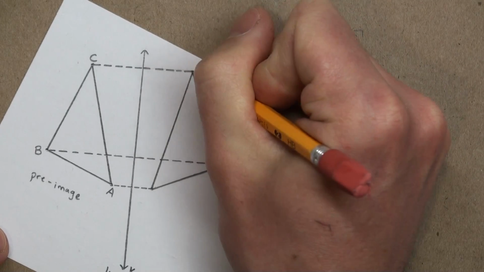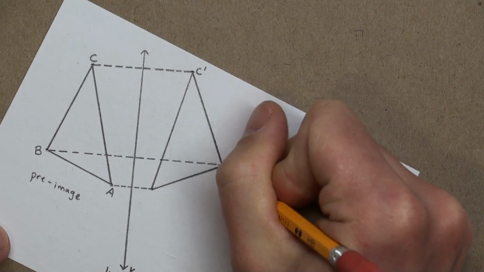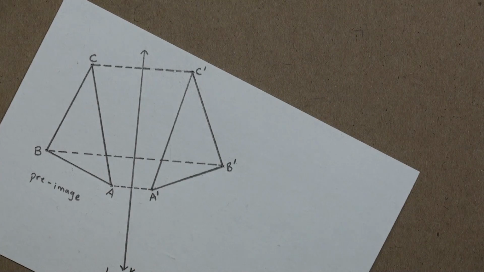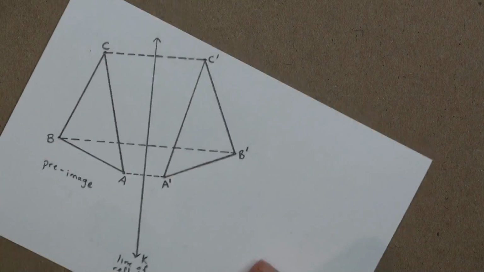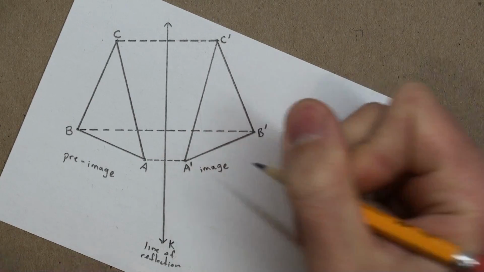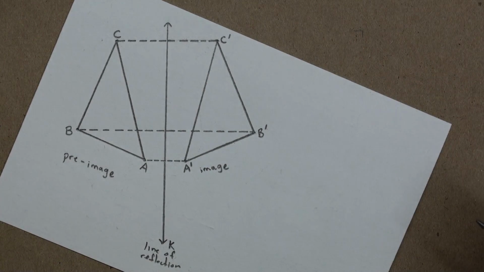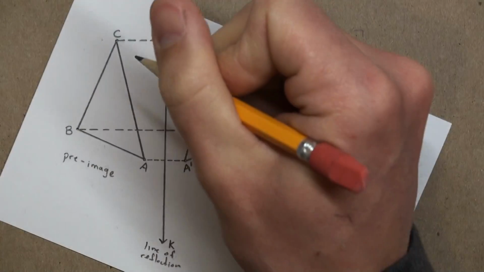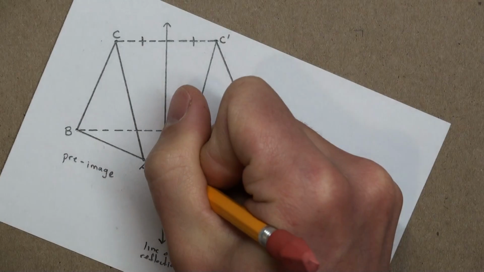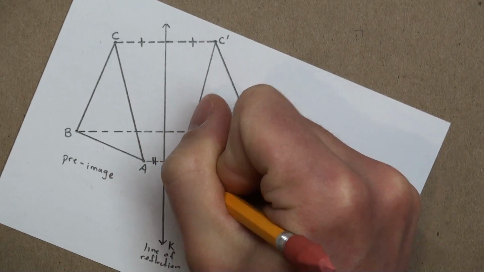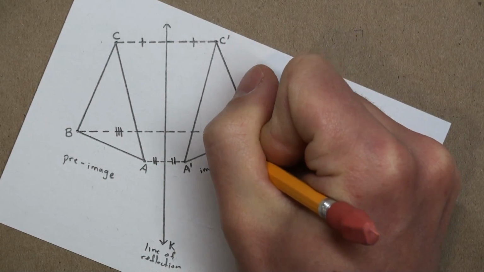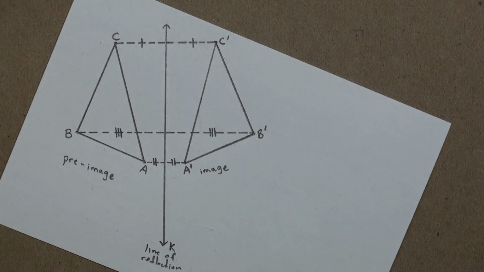So this would be C prime now, this would be B prime, and this would be A prime. Okay? And so this is the image after the reflection. Alright, and it's important to keep in mind that the length of this line is the same as the length of this line. The length of this line is the same as the length of this line. And the length of this line is the same as the length of this line.